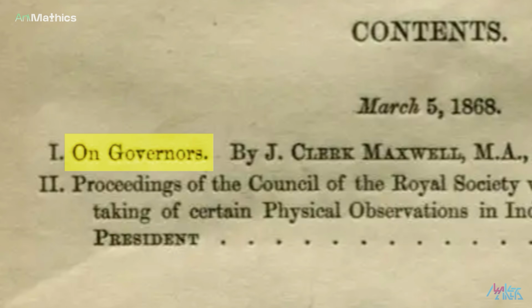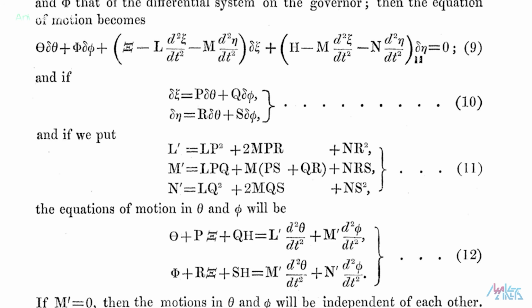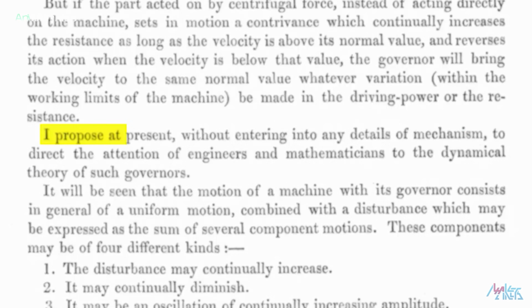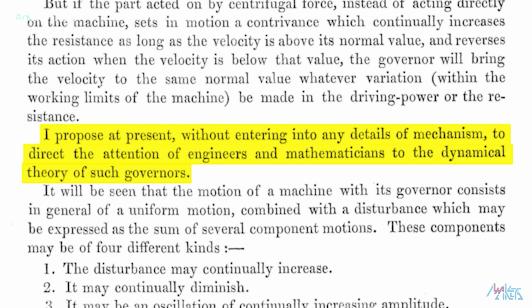In it, Maxwell systemized various types of governors with mathematical analyses to, quote, direct the attention of engineers and mathematicians. Although Maxwell's research later became famous and extremely important in modern control theory, back in the 1800s, it drew very little attention.